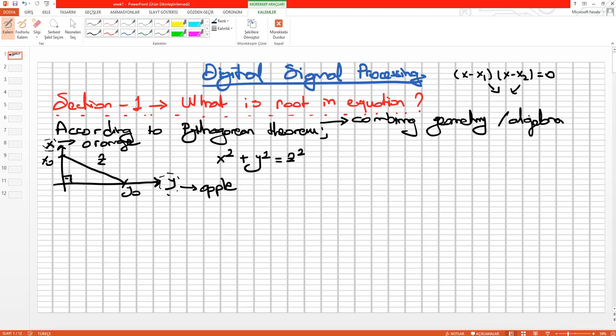But the Pythagorean theorem finds us a way to combine these two features. Okay. And so if we have this information, then we can relate the apple with the orange.